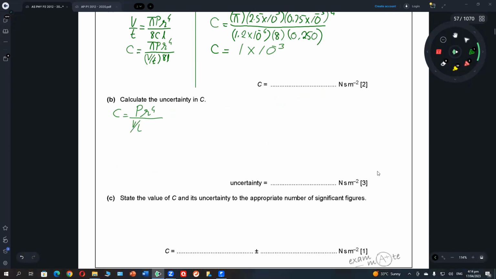Now, second part, the examiner says uncertainty.